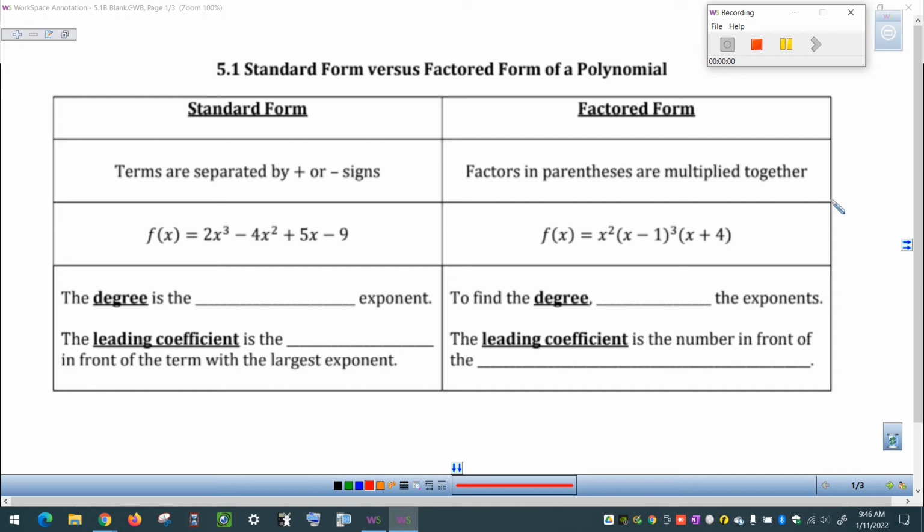Another thing that we talked about yesterday with standard form is we want our exponents to be in decreasing, or descending, numerical order. So the highest exponent in front, the smaller exponents go behind it. And so when we have a polynomial in standard form, we already know that the degree is simply the highest exponent.